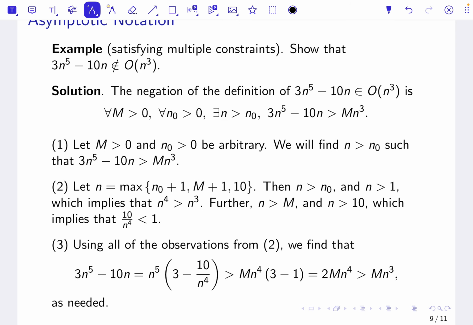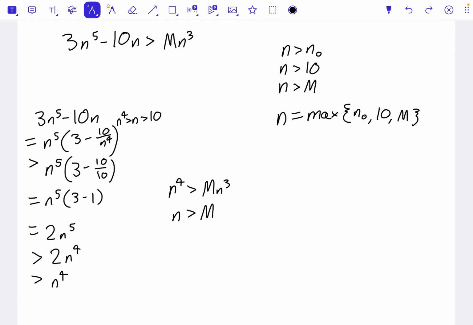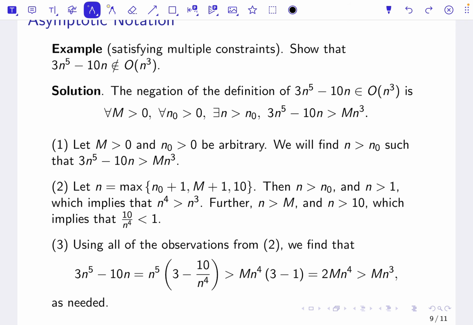The formal proof here adds 1 to each of the options. And it doesn't seem to add 1 to 10, which might be a mistake, but is more likely to be just clever observations of inequalities, finding that n being greater than n naught and m somehow guarantees it being greater than 10.